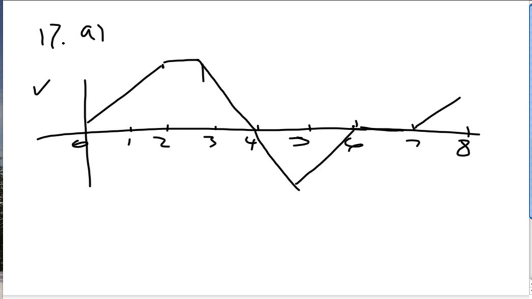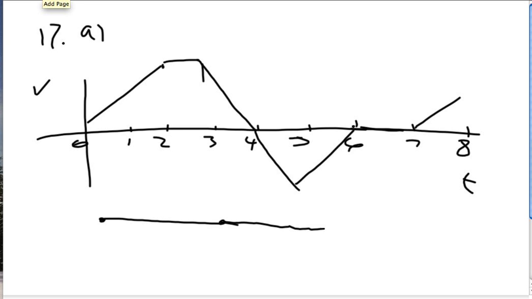So we need to analyze this velocity time graph first. Here's the motion. The velocity is increasing, and then it reaches a constant speed.